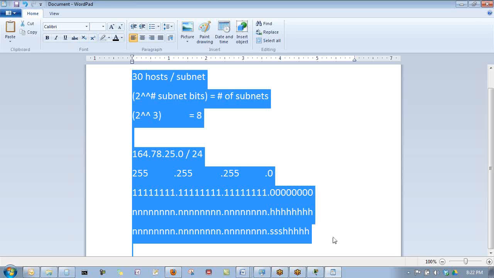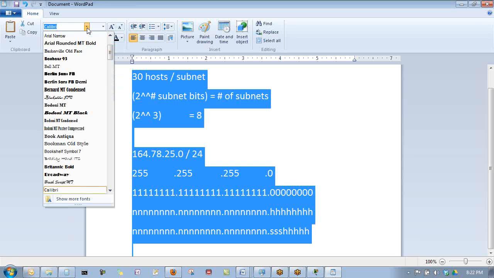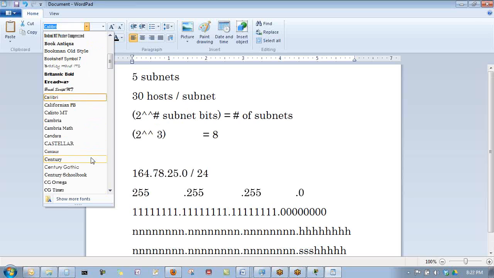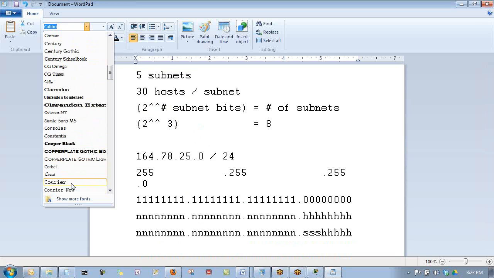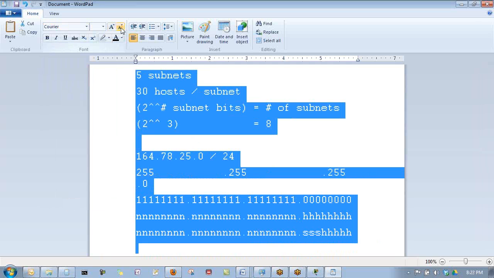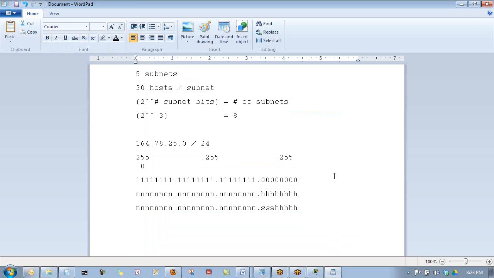And really what I need to do is I need to change my font to... anybody know why I used Courier as my font?